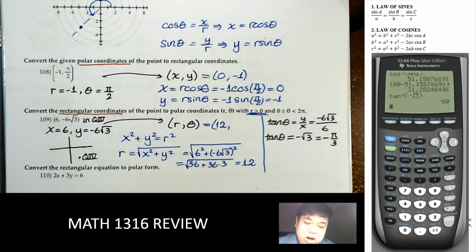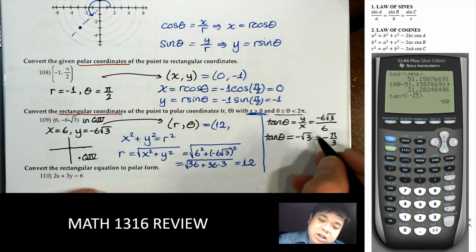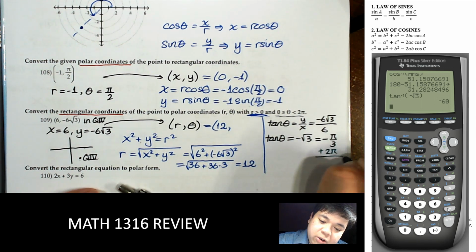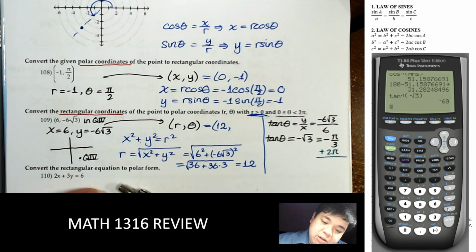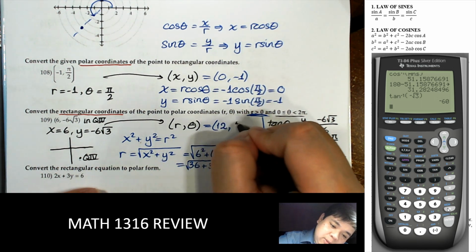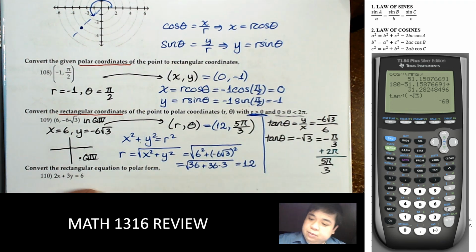We can even write it like that, except they want the angle between 0 and 2 pi. So let's convert that. We're going to add 2 pi to it to get a coterminal angle. And that gives us 5 pi over 3. They just want the answer between 0 and 2 pi. So that's what we have.